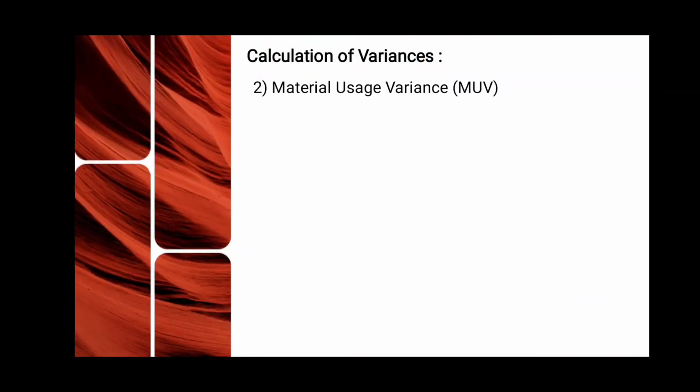Second, material usage variance, which is equal to standard quantity minus actual quantity into standard price.